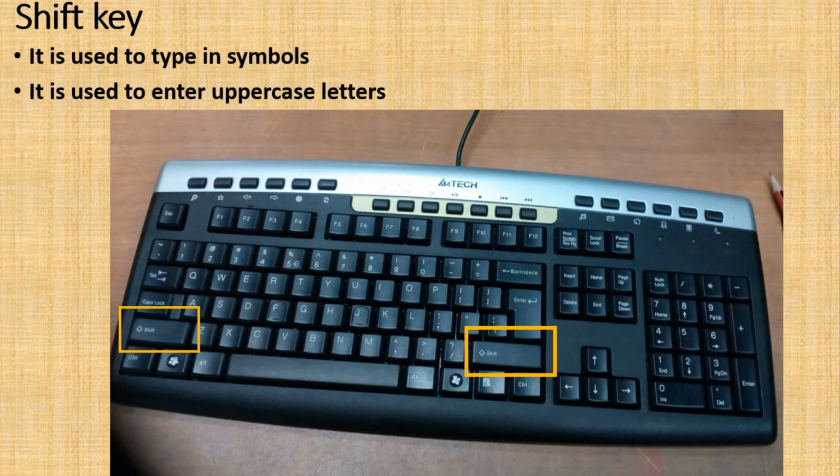When I use the caps lock key, all the alphabets will become uppercase till I switch off the caps lock key. But with the Shift key, when I press the Shift key and the alphabet, I will obtain an uppercase letter until I release the Shift key.